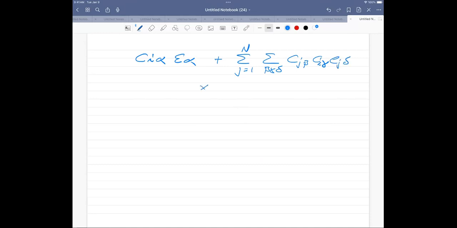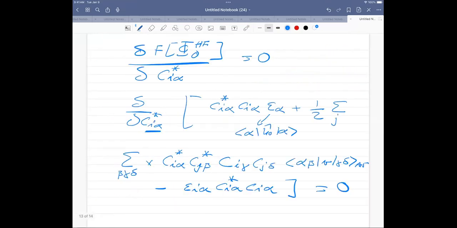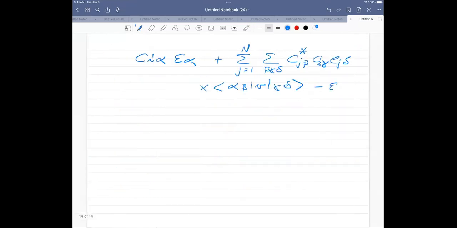And there's going to be a matrix element which runs like alpha beta V gamma delta, and this contains a minus. And then I should be a little bit careful here because this epsilon is an epsilon_i alpha. So this is the Lagrange parameter minus epsilon_i alpha times C_i alpha. And I want this to be 0.